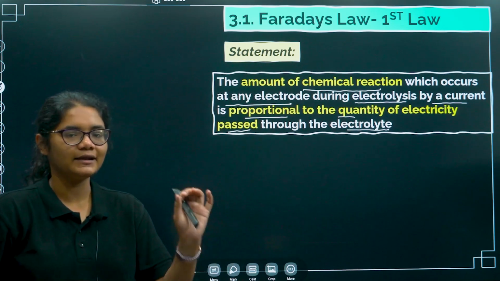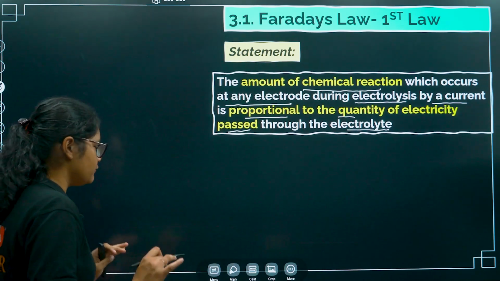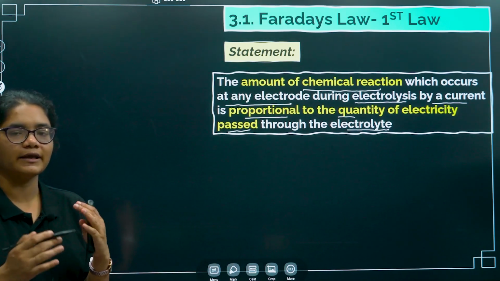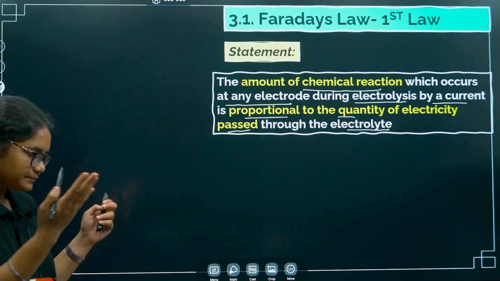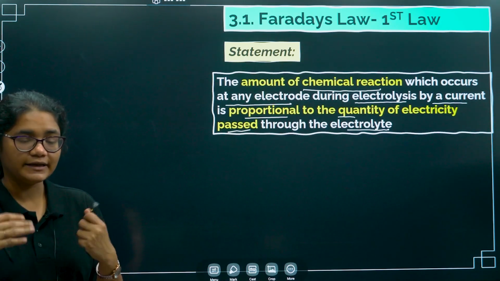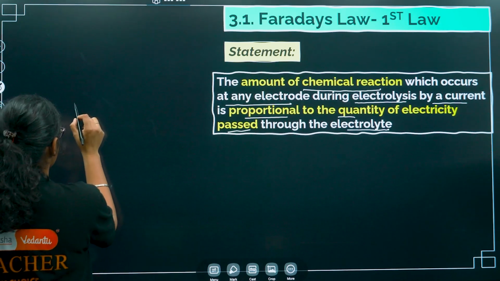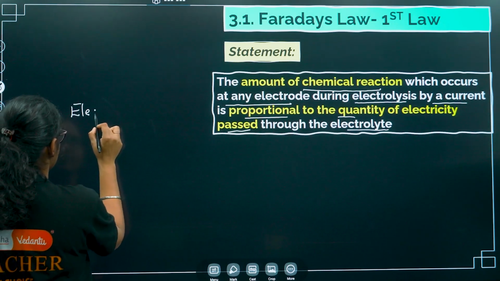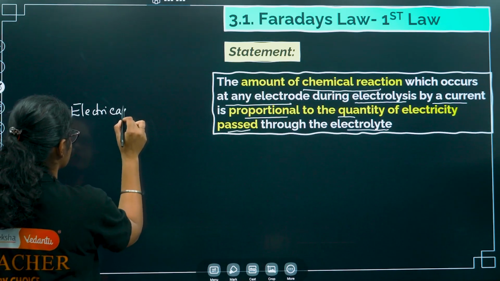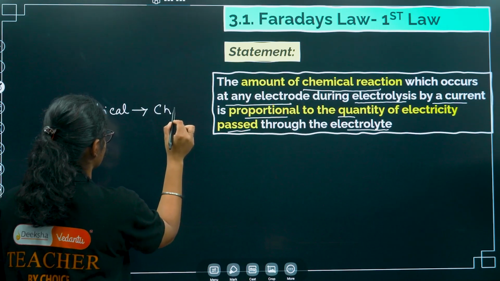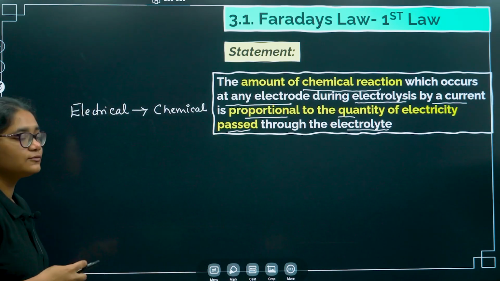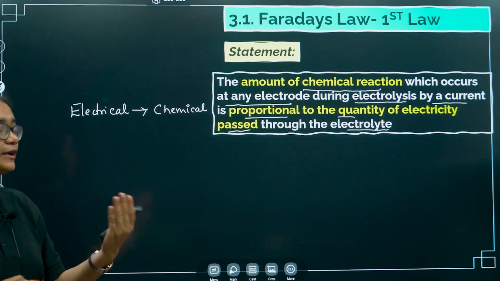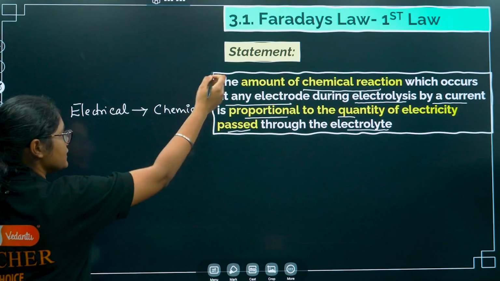Now let us understand it in simple words. What is the definition of an electrolytic cell? In an electrolytic cell, electrical energy is converted to chemical energy. So what does Faraday's law say?